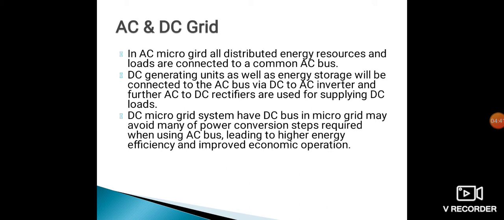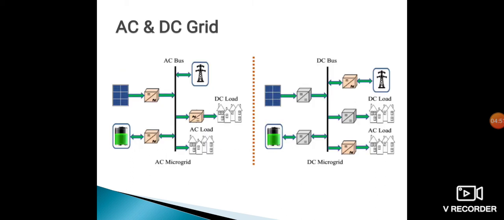So this was about the types of microgrid and the explanation of AC and DC microgrid. Now we will see the diagram for the AC and DC microgrid. You can see the middle part in AC microgrid is the AC bus, and the middle part in DC microgrid is the DC bus.